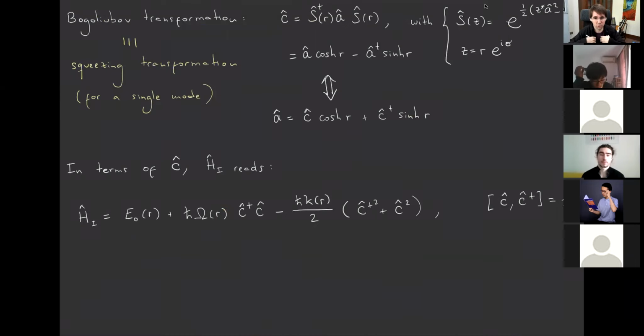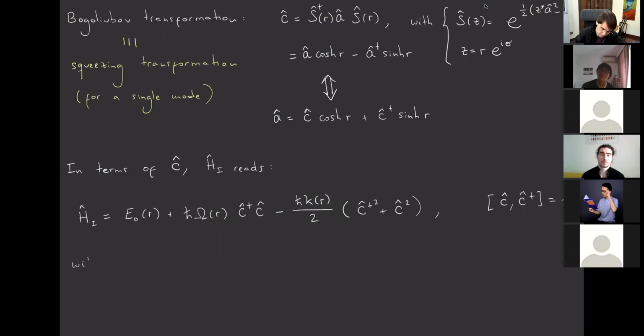It's our choice. And we can use this freedom to simplify the Hamiltonian, and in particular, we will try to remove this term in here, because then we are left with a very simple Hamiltonian, which is just the free evolution of a harmonic oscillator, a Bogoliubov harmonic oscillator, not the original one. So let me see if this is possible.